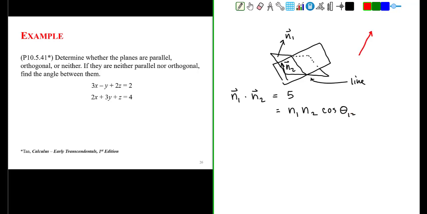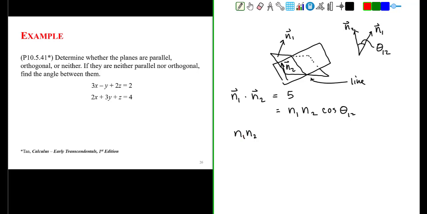By no means am I suggesting that our actual planes have this orientation; my sketches are used just to get a qualitative sense for what to do on the problem. These two planes, their normal vectors would have an angle between them. We can use the dot product to figure that out.